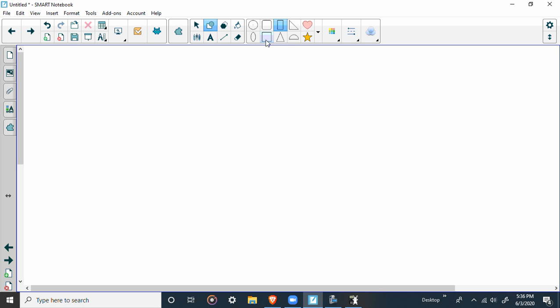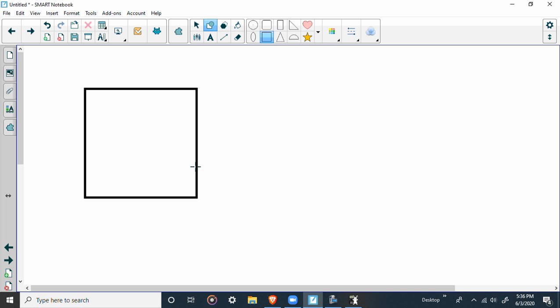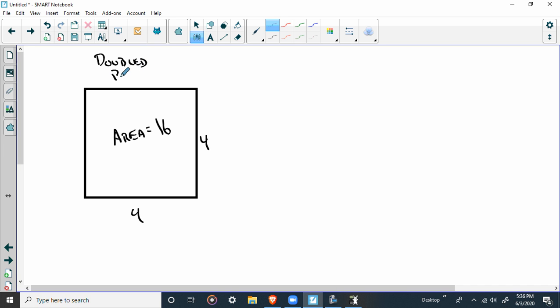So let's do something like a square. Let's do a square, and I said that this is a 4 by 4. So my area is equal to 16. Now, what if I doubled both?